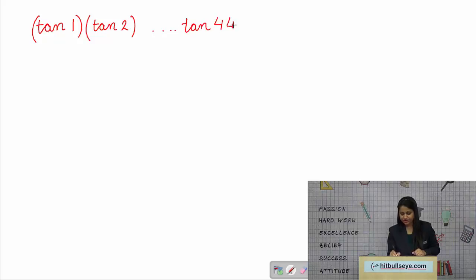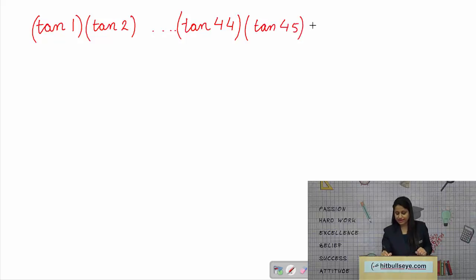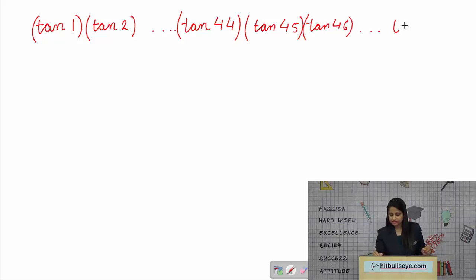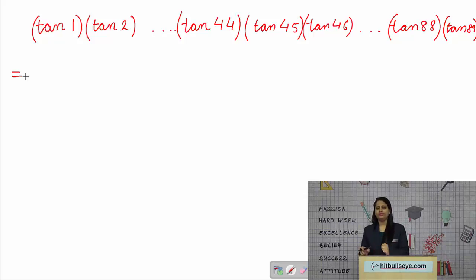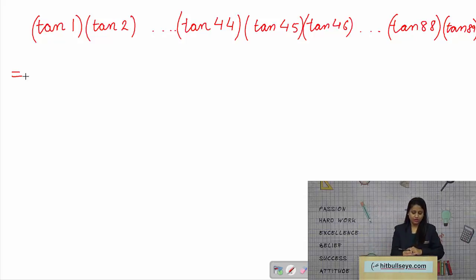We will have tan 44, then tan 45, tan 46, tan 88, tan 89. See, there are 89 terms because we are starting the series from angle 1 and we are going up to 89. Now I am clubbing first and last term, tan 1 and tan 89.